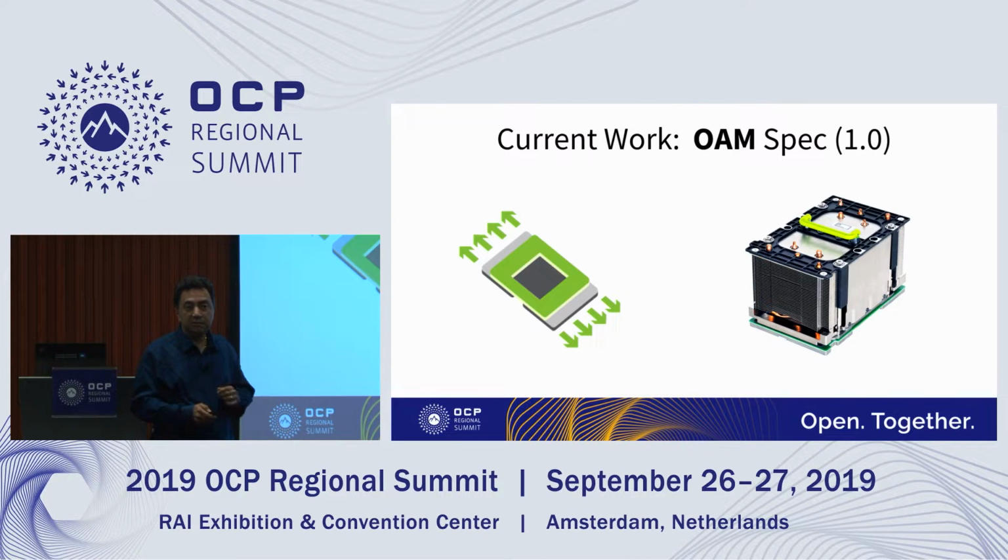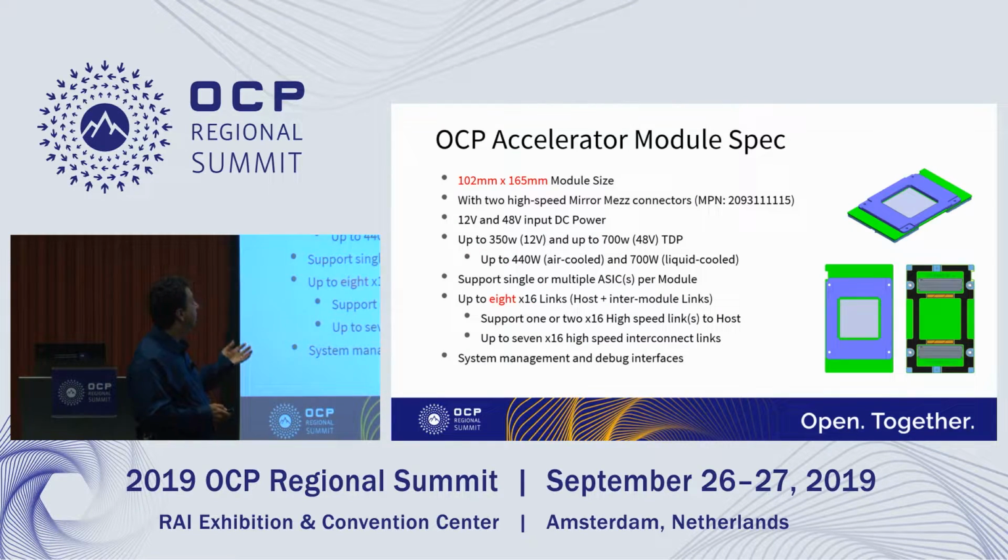A little report on the spec on OAM. It is at 1.0 already. It is defining the mechanical and thermal envelope and the interconnect for peer-to-peer and OAM to host.